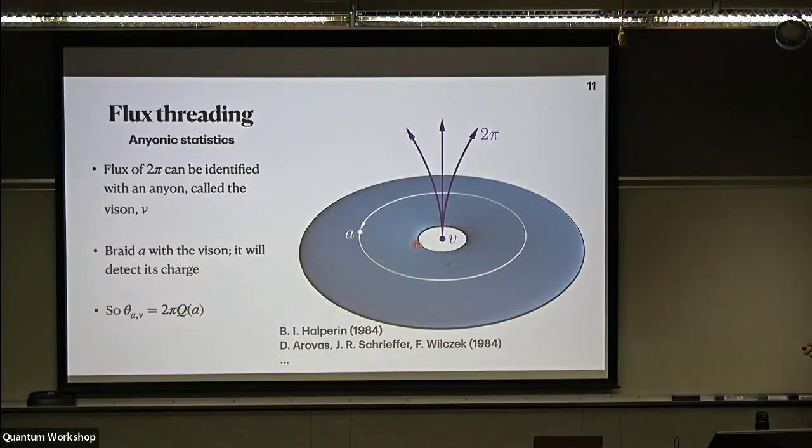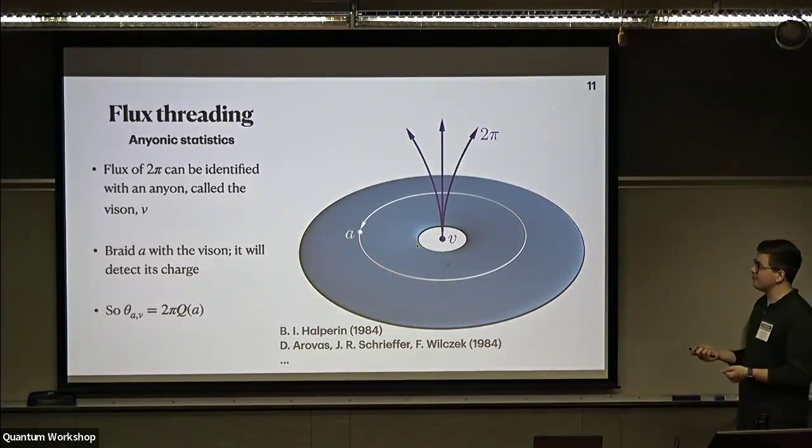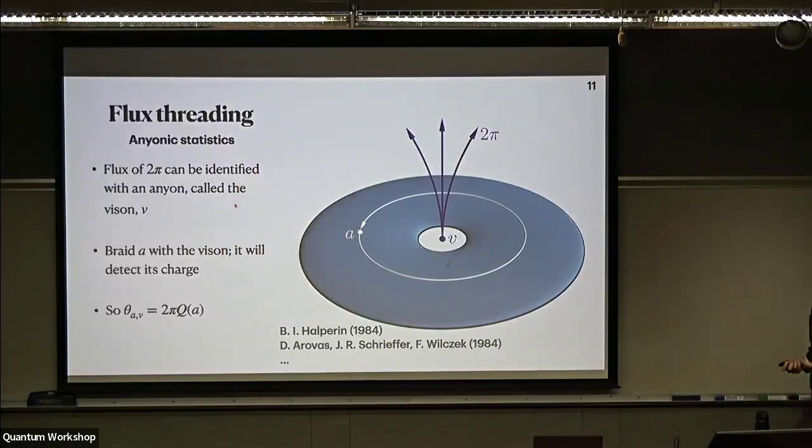So earlier I was talking about a 2π flux. I want to thread this 2π flux. I return to a ground state. And this 2π flux can be identified with an anyon, which we'll call the vison V. So the vison V carries this 2π flux. And now let's imagine that I put another anyon A in here and I braid it with V. I'm taking this anyon around a 2π flux.